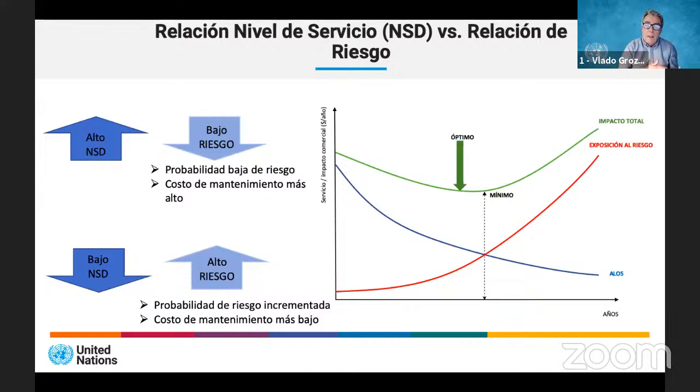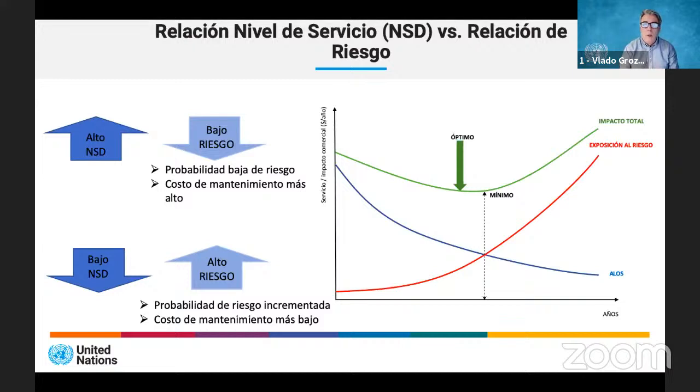And on the other hand, at the beginning, with the blue line, we have a high level of services, and towards the end we have reduced level of services because of the low maintenance.